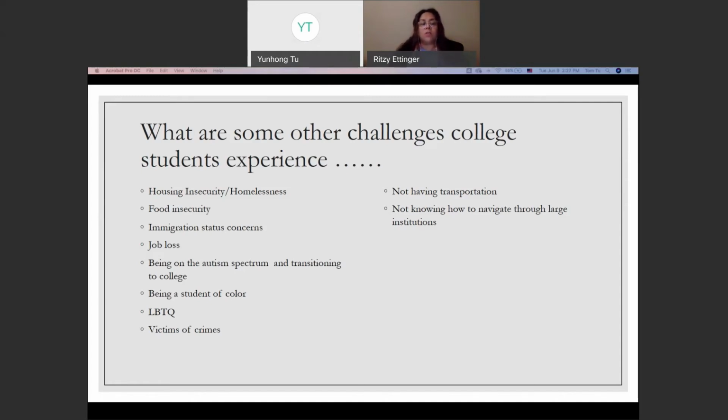Students who are on the spectrum can be isolated. They do have challenges transitioning to college. They're not sure how to express at times their needs, and so supporting them is really important. Reaching out to them, because they can fall through the cracks really easily if you're not on the lookout for their needs.